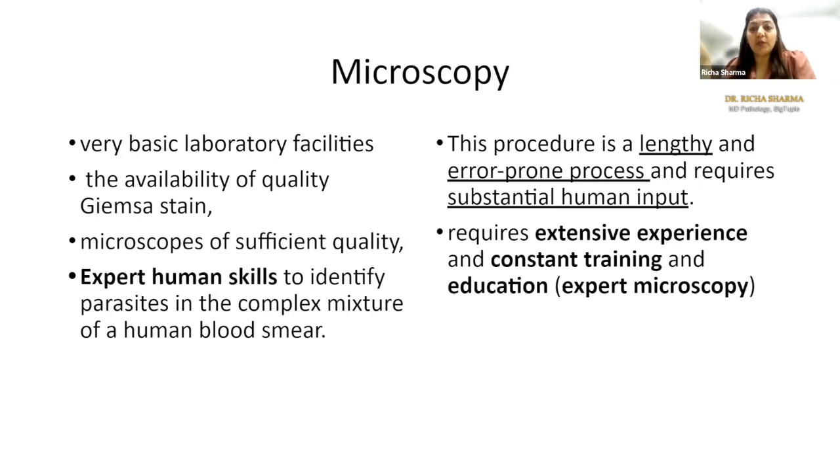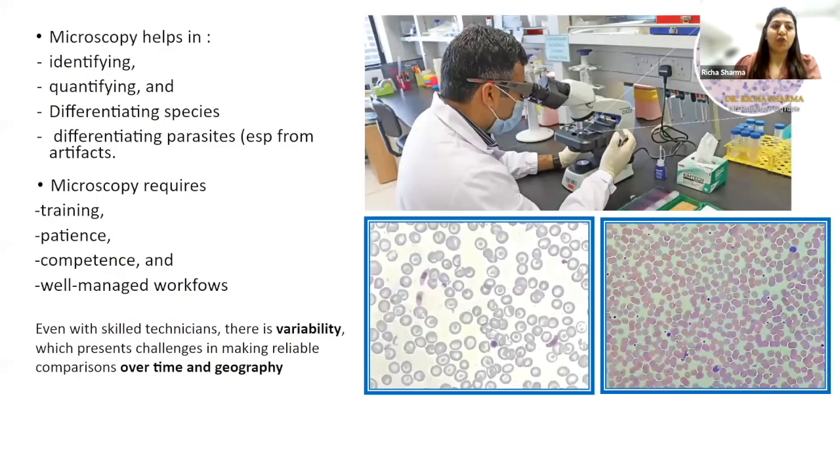It should also be able to ascertain the life stage of the parasite. So what I'm trying to say is that it's an error-prone process and it requires substantial human input. And how can we have an optimal human input? Only by extensive experience, constant training, and education.